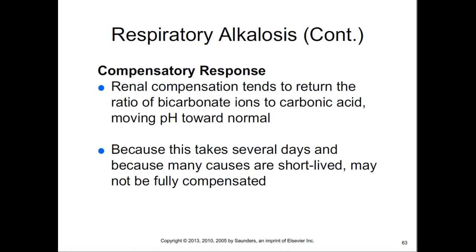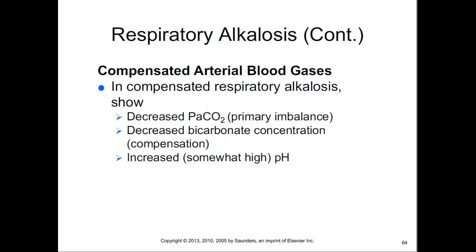It returns the ratio of bicarbonate ions to carbonic acid towards normal, moving the pH towards normal. This takes several days, and because many causes are short-lived, it may not fully be compensated. So in compensated respiratory alkalosis, you'll see a decreased partial pressure of carbon dioxide, decreased bicarbonate concentration, and somewhat high pH.